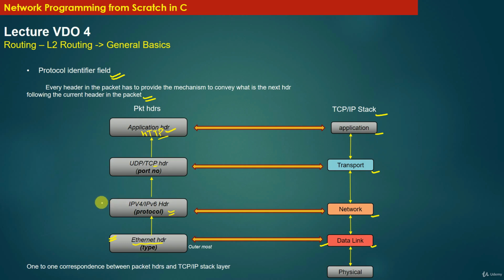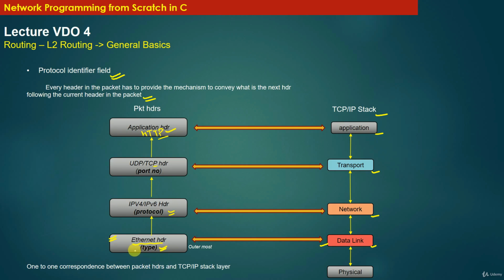Now, if you analyze the headers of these most famous protocols, you will observe that there is one piece of information in each of these headers which conveys the protocol operating in the next layer of the TCP/IP stack. Here you can see that in the Ethernet header there is a type field.